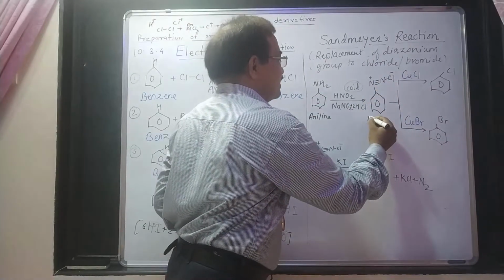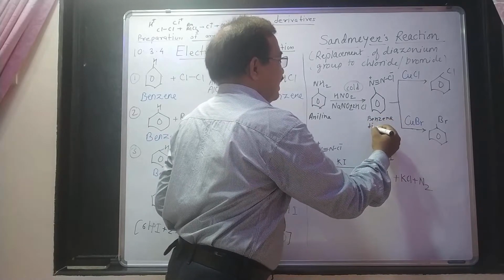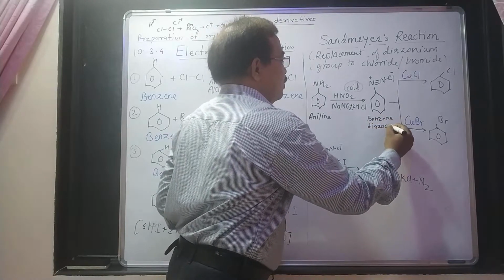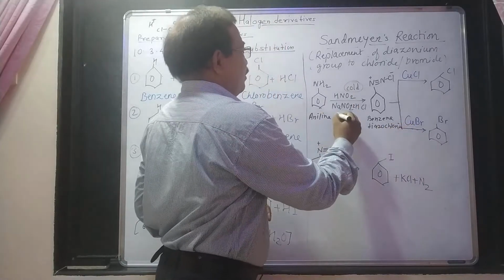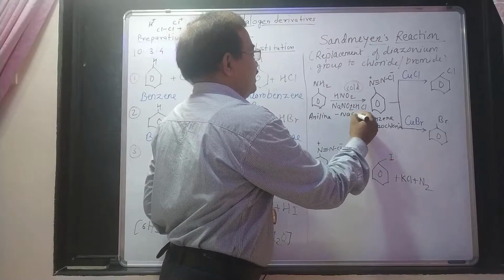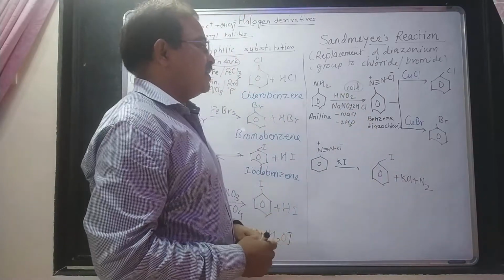That is called benzene diazonium chloride, with loss of NaCl and 2H2O.